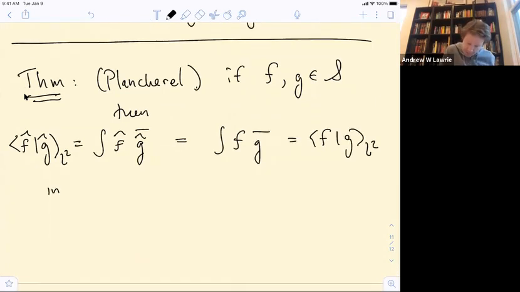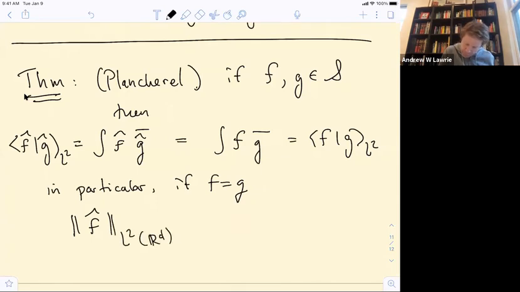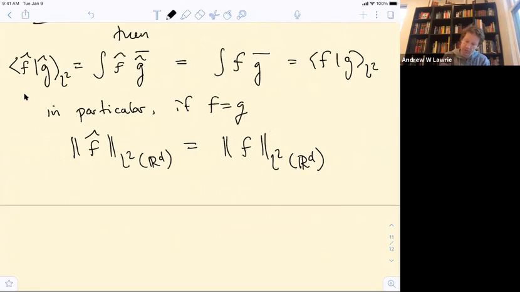In particular, if f equals g, the L2 norm of f hat on R^d is equal to the L2 norm of f. So the Fourier transform as a map on the Schwartz class preserves the L2 norm.